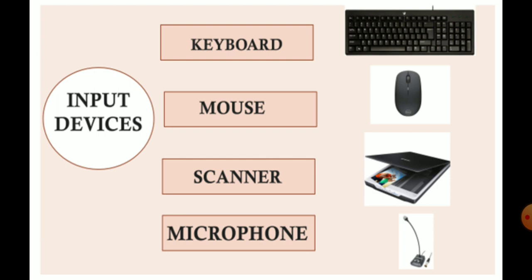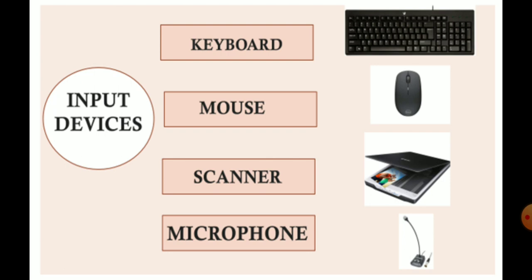Through input devices. The input devices allow us to communicate with the computer. They are used to enter data and give instructions to the computer, and we can do that with the help of a keyboard, mouse, scanner, and microphone.